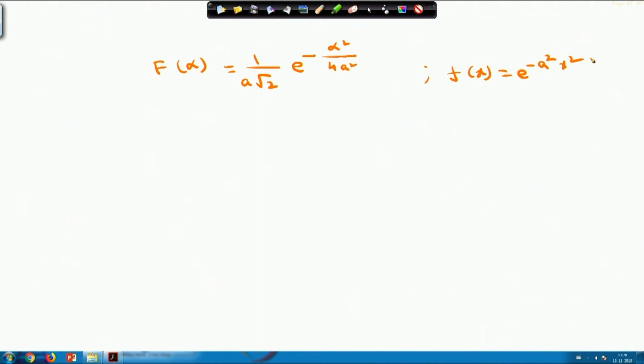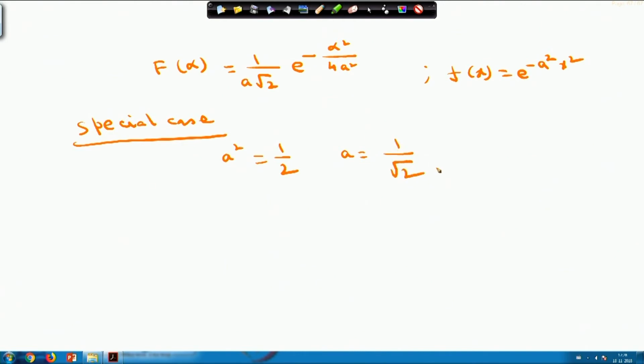Now, let us see a special case from here. Put a square equals half. What will happen here? Or in other words, a equals 1 by root 2.